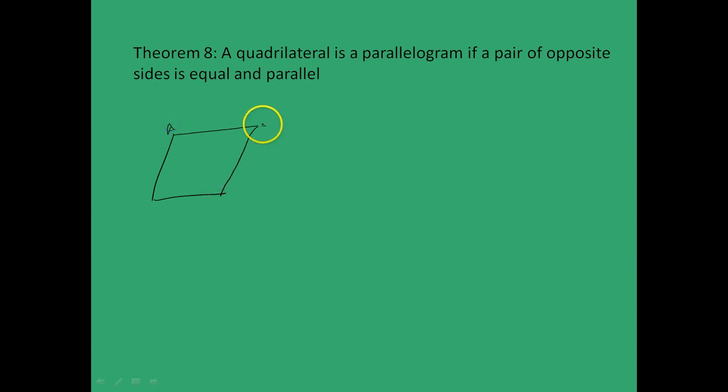Let's name it ABCD, and we have to prove that if a pair of opposite sides is equal and parallel, say AB is equal to CD as well as AB parallel to CD, then ABCD is a parallelogram. This is a shorthand for parallelogram.